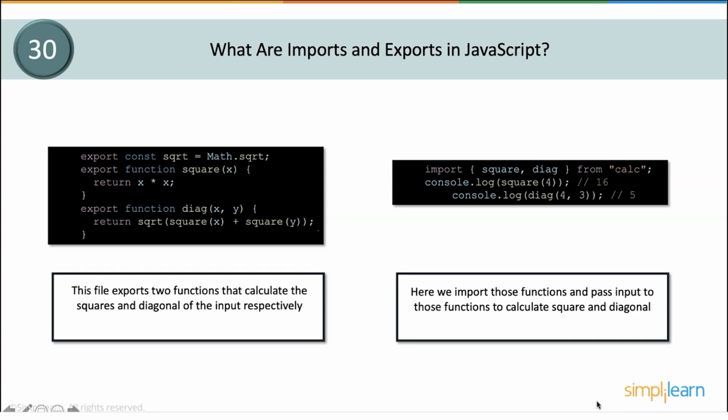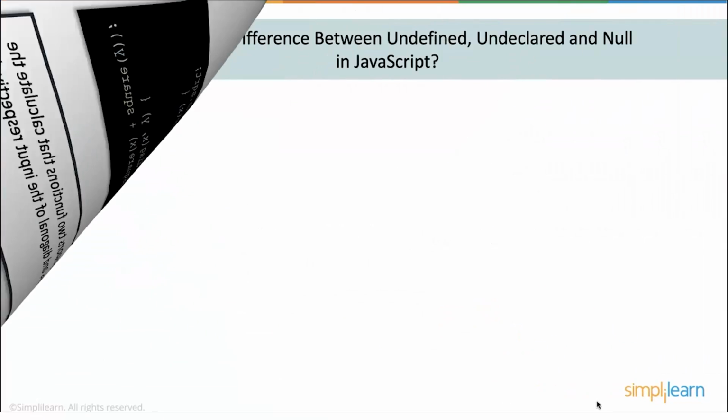Here you can see you have one property like sqrt which you are exporting, and one function called square. There's another function, diag, which you are exporting and importing just the way you want. That is how importing and exporting works.